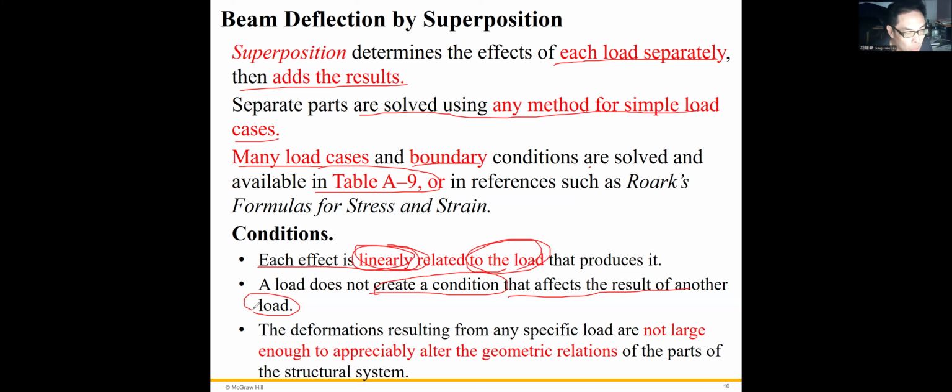The force will only create one deflection, which will not affect the other results. And the deformation resulting from any specific load is not large enough to appreciably alter the geometric relation of the parts of the structure system.